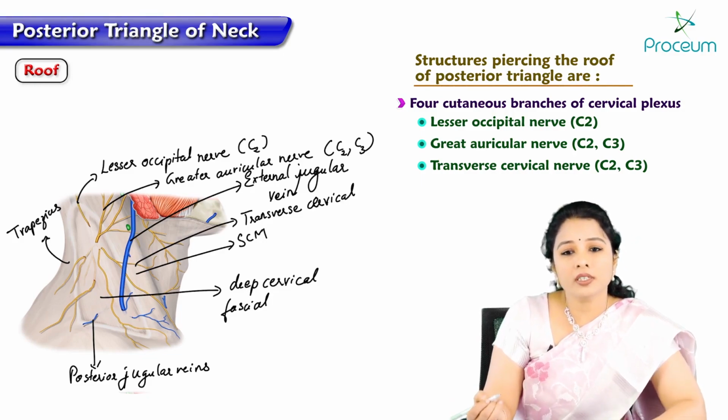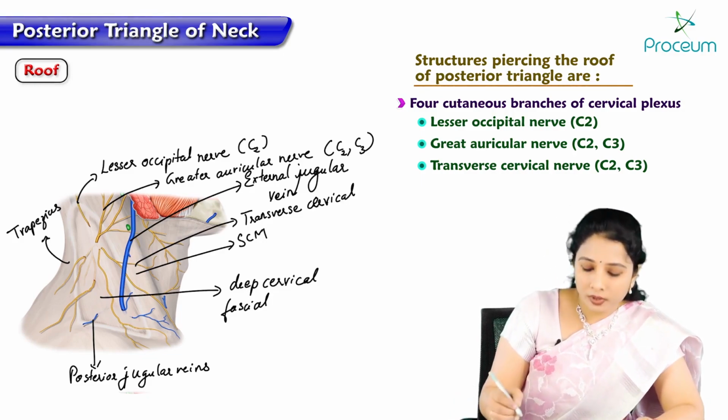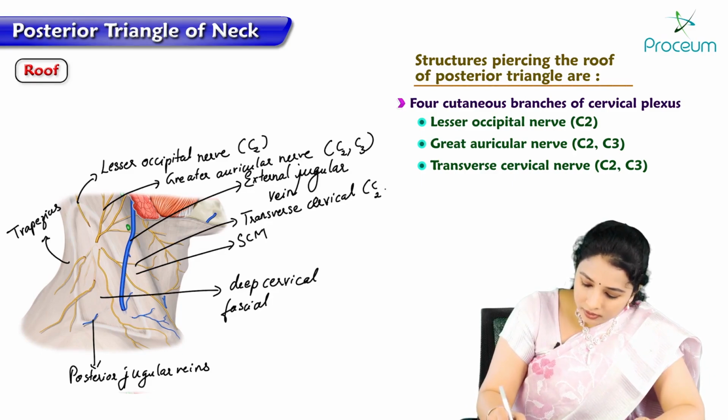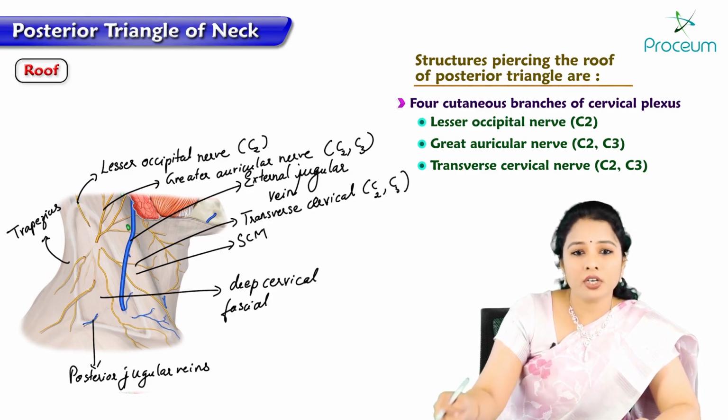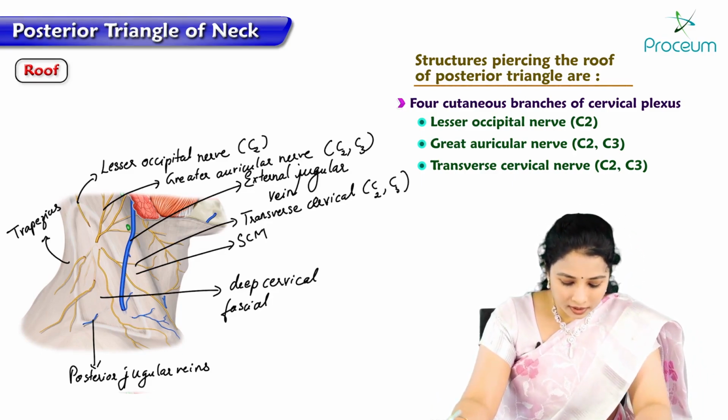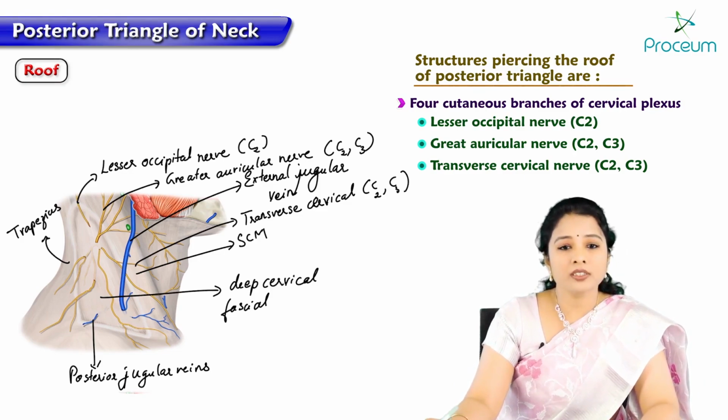It has the root value as again C2, C3, same as greater auricular nerve. And we can see the nerves which are descending down towards the clavicle.